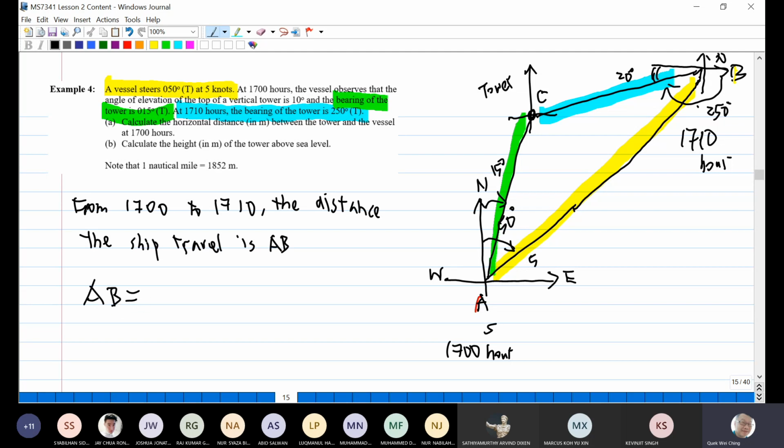Distance is speed times time. The speed is 5 knots. One knot is 1 nautical mile per hour, which is 1852 meters per hour.